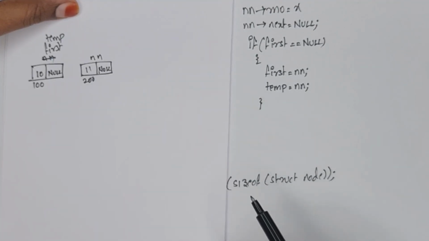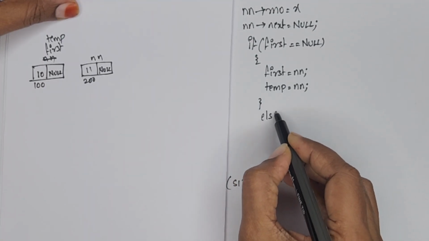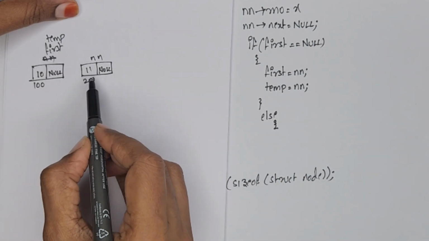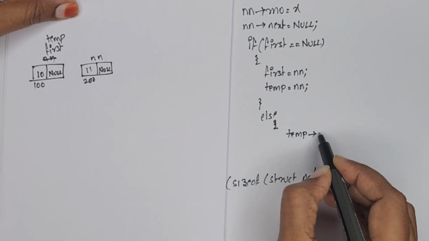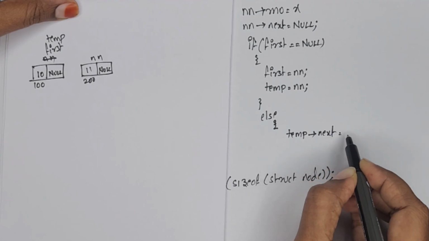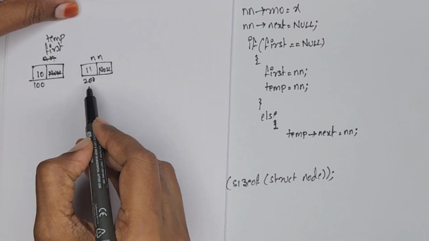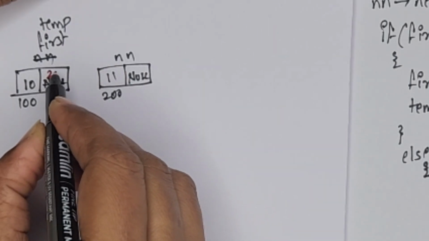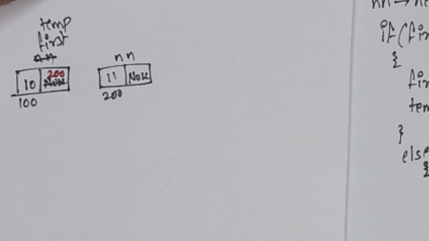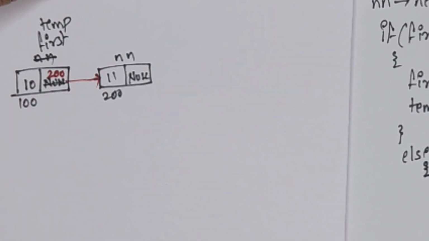Then where do I have to add this new node? After temp. So in the else part, after temp we have to add the new node: temp of next equals new node. Temp of next, in place of null, will be assigned 200. See, temp of next is 200.